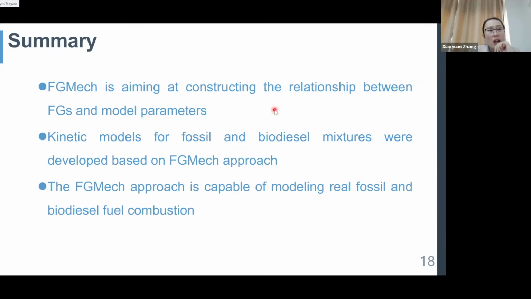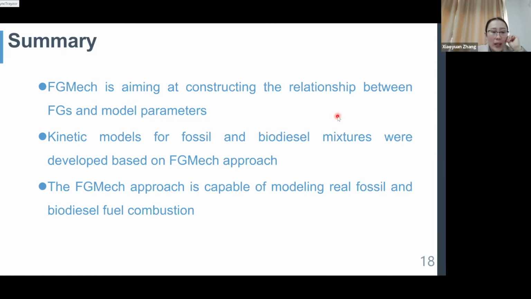Okay, in this section, we proposed a new functional group-based approach to model real fuel combustion chemistry. This approach aims at constructing the relationship between the functional groups and model parameters. No experimental data are required to fit any of the model parameters.